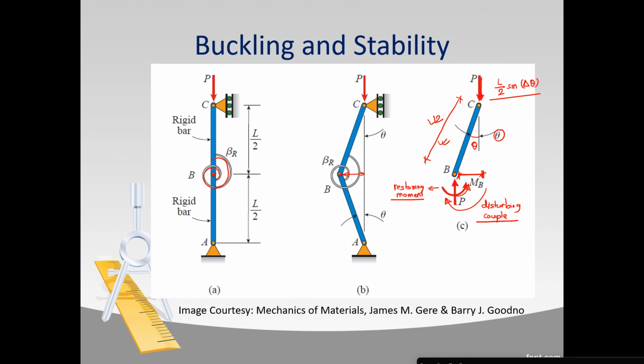And hence the value of this disturbing couple is given as force P into L by 2 sine delta theta. If we consider that our deformation is small, this sine delta theta will be nearly equal to delta theta. You can get this by performing a Taylor series expansion of sine delta theta also, so that our disturbing couple, let us write DC, is given by P L by 2 into delta theta.